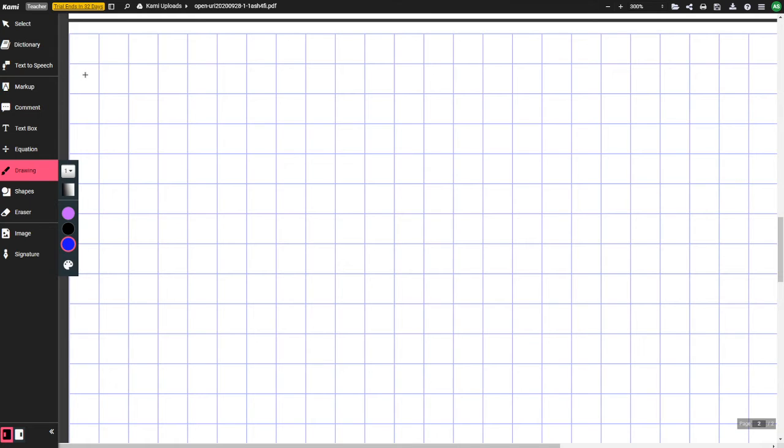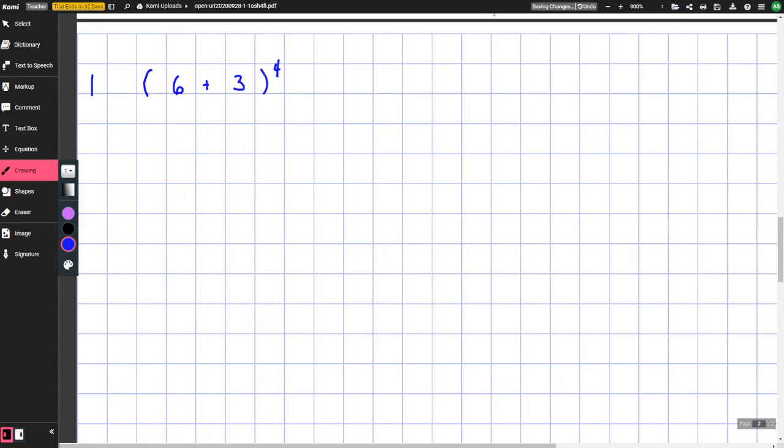Now the problem for number 1 is parentheses 6 plus 3, to the 4th power. Now PEMDAS, I'm going to write it here again so I know what I'm doing.